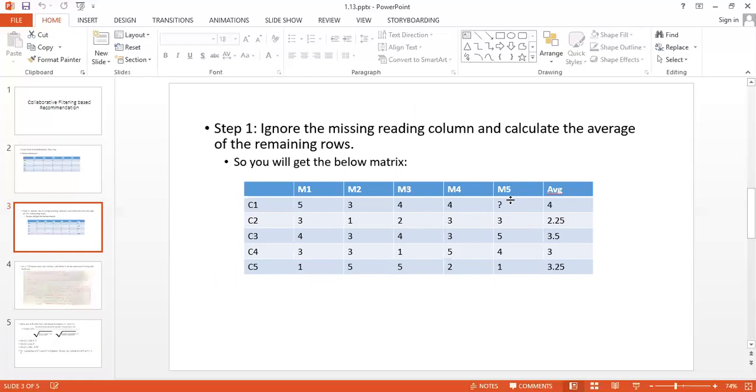Now suppose the similarity between C1 and C3 was high. Then we would consider that C1 is giving a rating of 5 to M5, and it would not be 3.